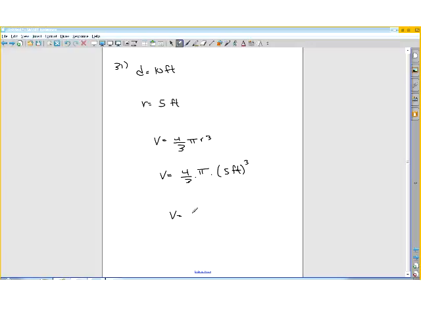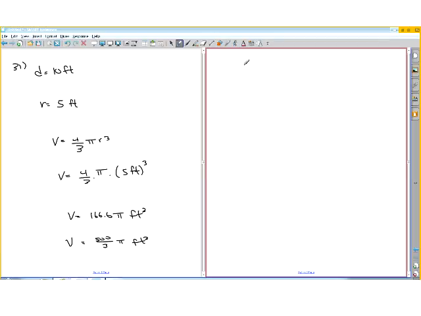That gives me 166.6 pi feet cubed. Or, if you didn't want to divide it out, which is what the book does, it's 500/3 pi feet cubed.